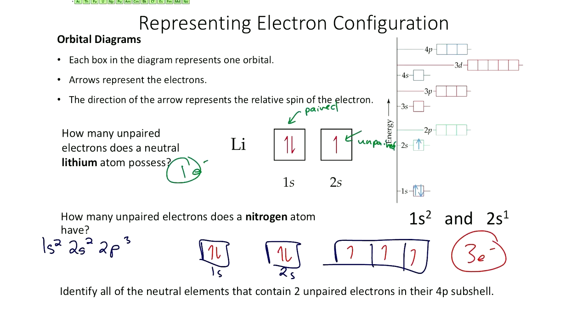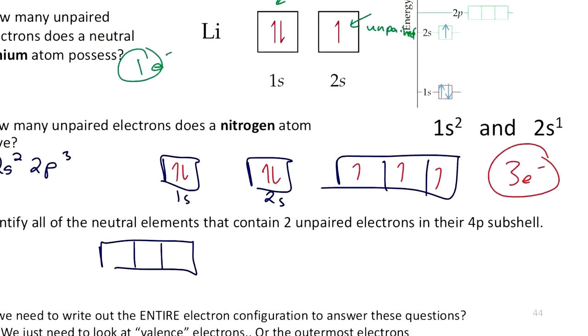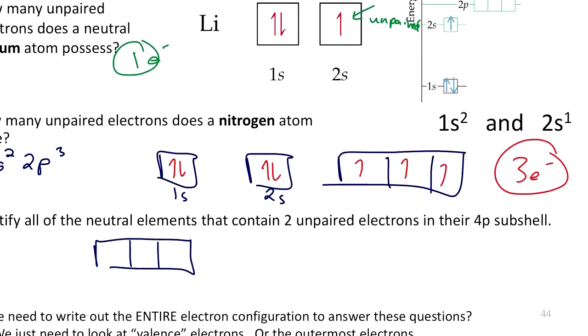All right. Here's another way to ask it. Identify the neutral elements that have 2 unpaired electrons in their 4p subshell. So 4p has 3 boxes, right? If I have 2 unpaired electrons, how many electrons should be in this subshell? 2, yeah, so 1, 2.